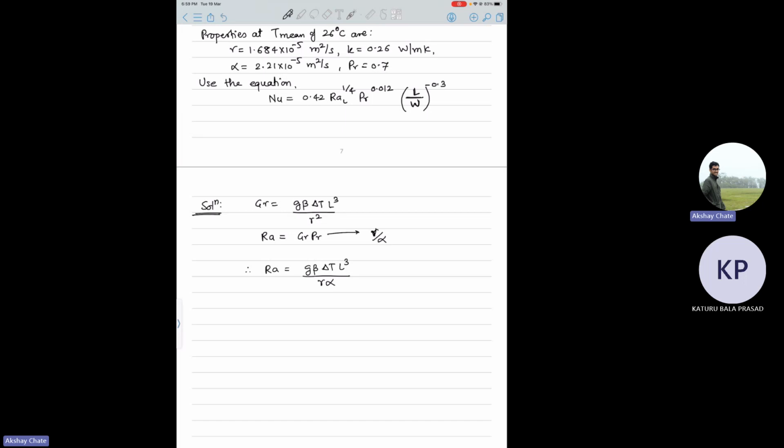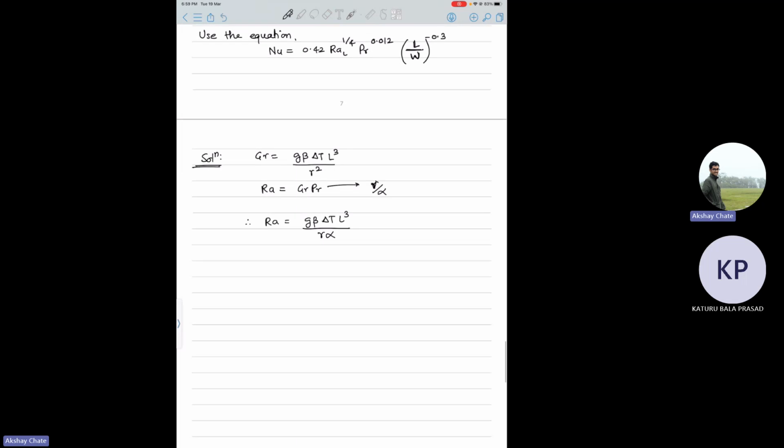So if you do that, you should get your Rayleigh number for the whole length, the height of the plate, as 2.89 into 10 to the power 9.